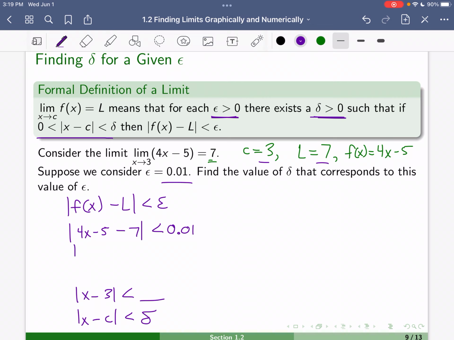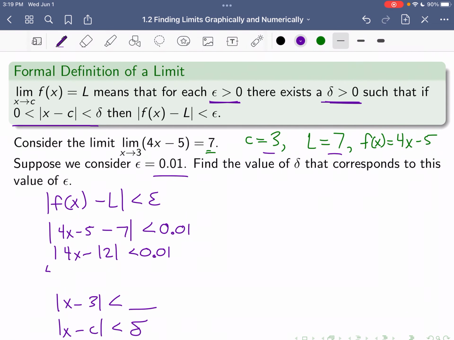Let's start doing some algebra. 4x minus 5 minus 7 is 4x minus 12, and it's less than 0.01. We can factor a 4 out, and so we have 4 times the absolute value of x minus 3 is less than 0.01.